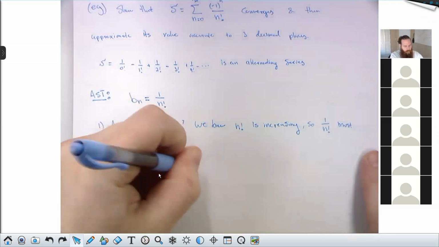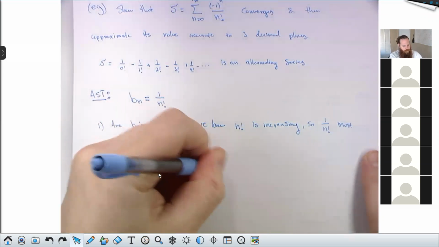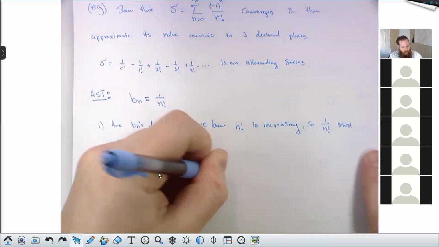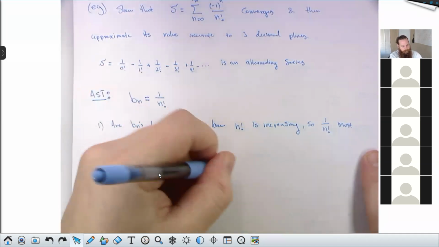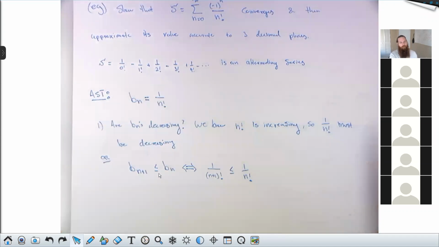So if I were to plug in here, bn plus 1 is 1 over n plus 1 factorial, and bn is 1 over n factorial. And what would I need to do with this inequality in order to conclude that the BNs are decreasing? Take the reciprocal of each side and then solve for n. We want to reduce this inequality to something that we know to be true.